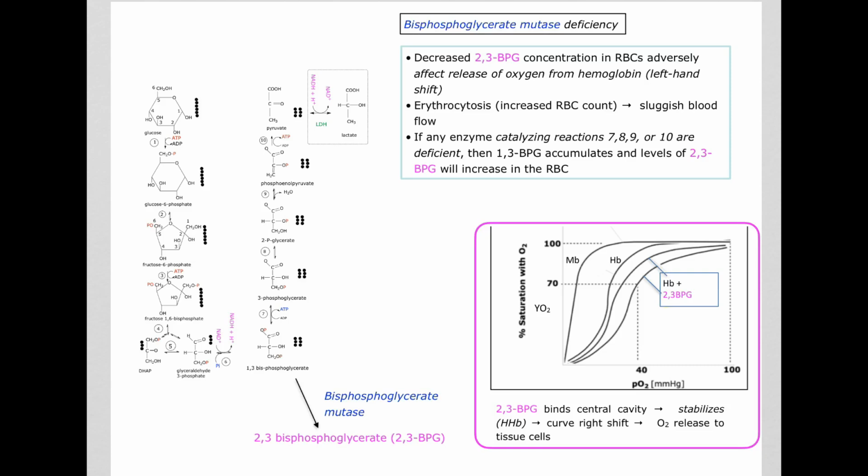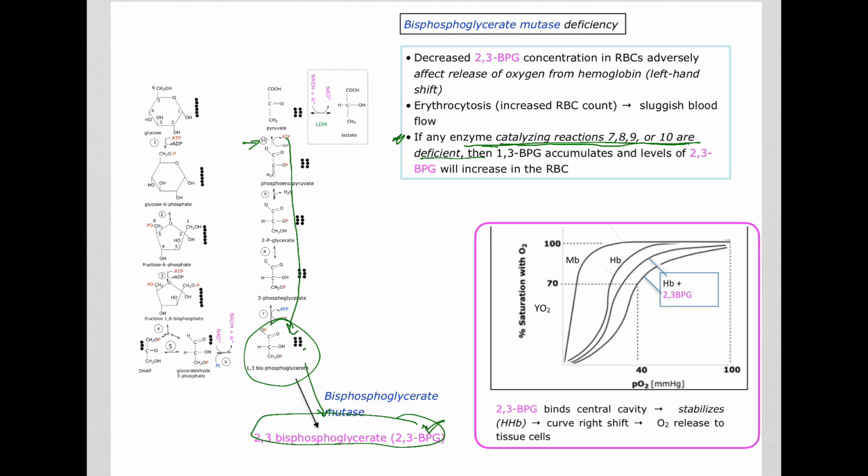Now it's interesting to note that if any enzyme catalyzing reaction 7, 8, 9, or 10 is deficient, for example, pyruvate kinase deficiency, then this will back up and we'll have accumulation of 1,3-BPG, and that accumulation of 1,3-BPG will lead to higher amounts of 2,3-BPG.